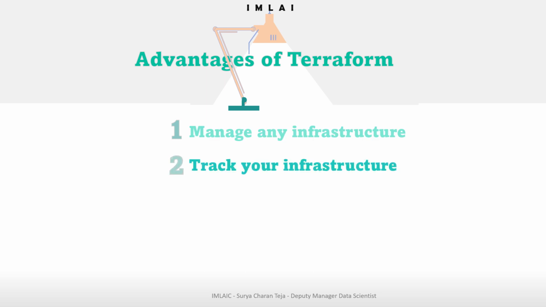To track your infrastructure, Terraform generates a plan and prompts you for your approval before modifying your infrastructure. It also keeps track of your real infrastructure in a state file, which acts as a source of truth for your environment.